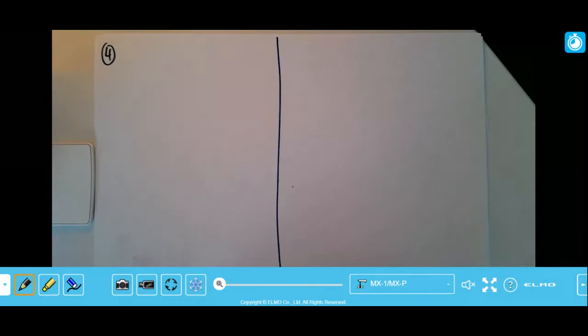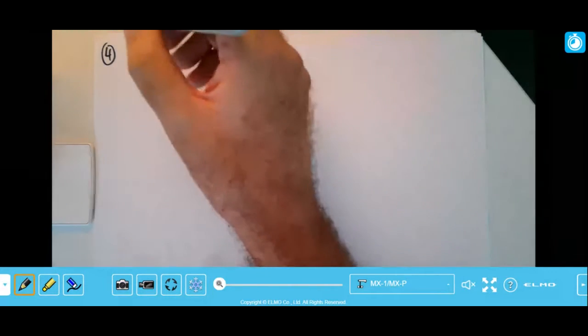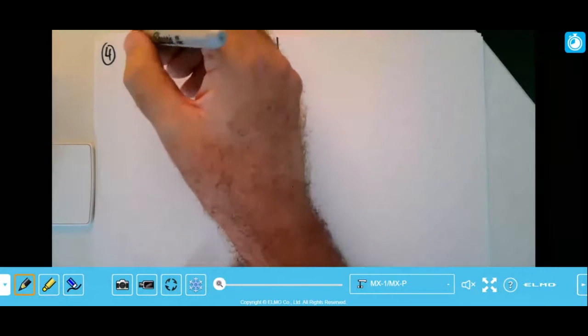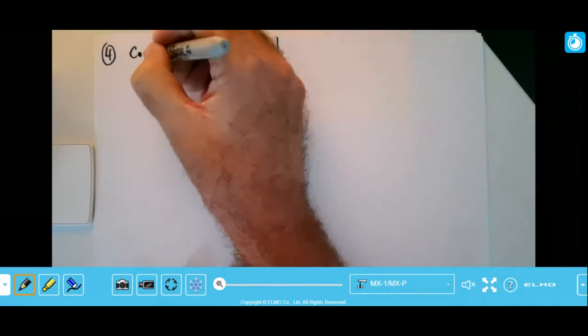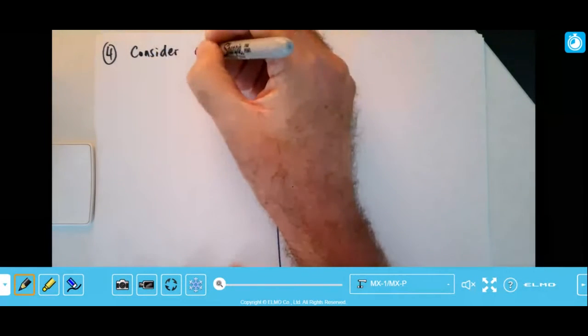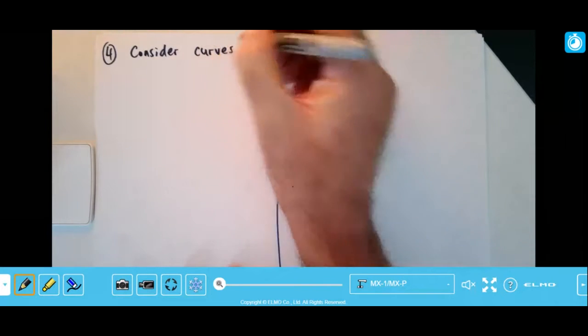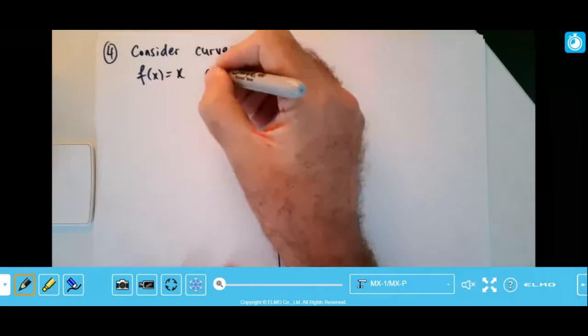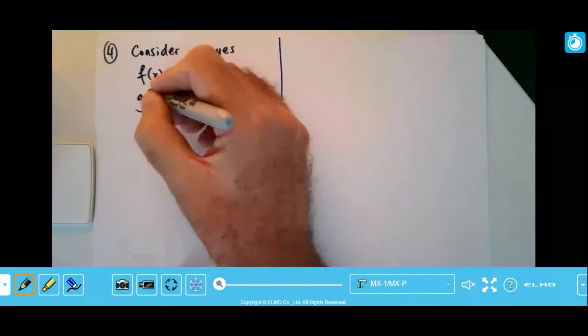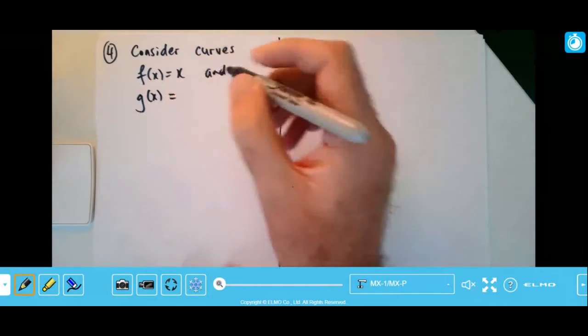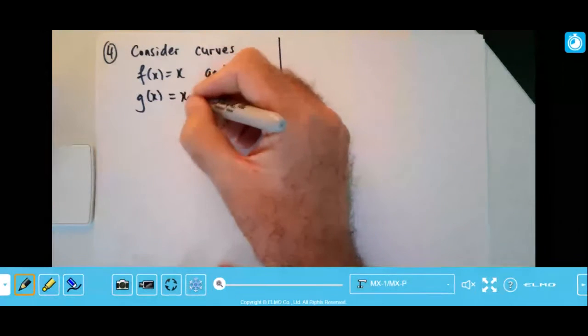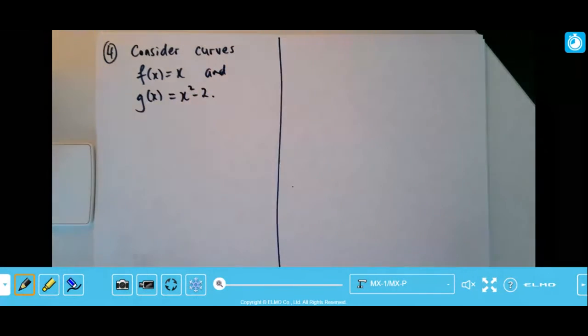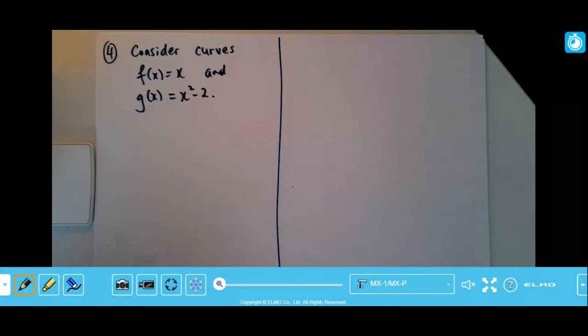We want the area, so let's label these as our two functions. What we would like to do is find out where the graphs of the functions intersect.